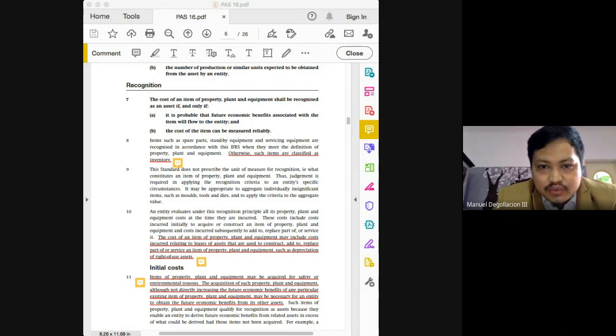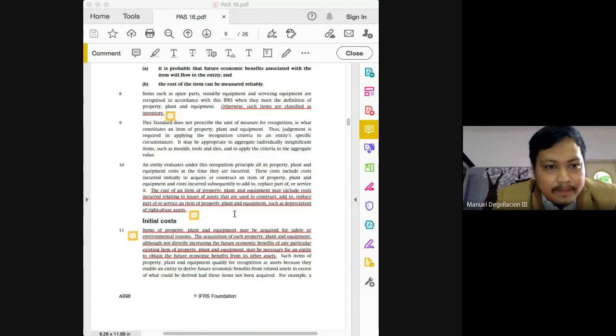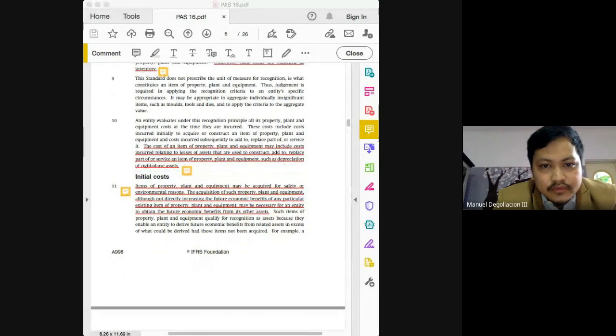Now, which leads us to initial costs. So here, items of property, plant, and equipment may be acquired for safety or environmental reasons. The acquisition of such property, plant, and equipment, although not directly increasing the future economic benefits of any particular existing item of property, plant, and equipment, may be necessary for an entity to obtain the future economic benefits from its other assets.